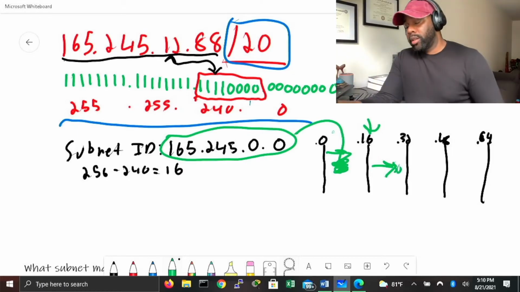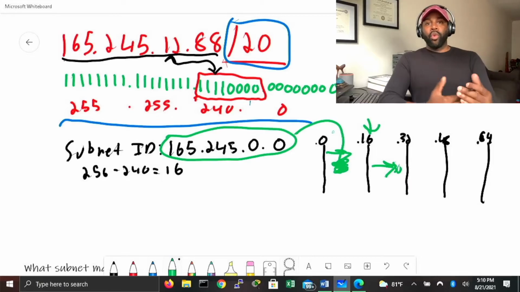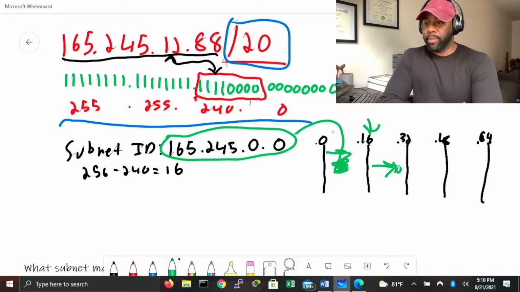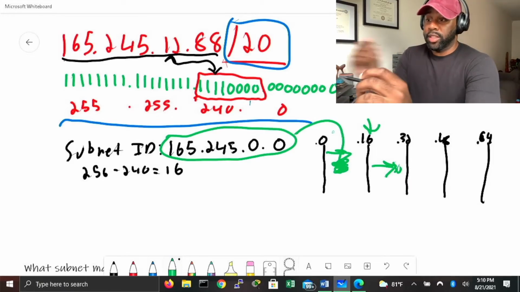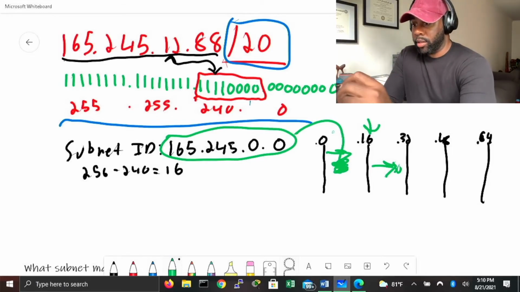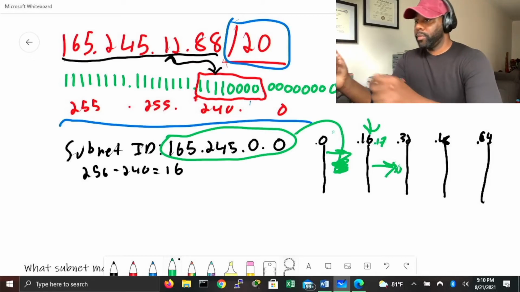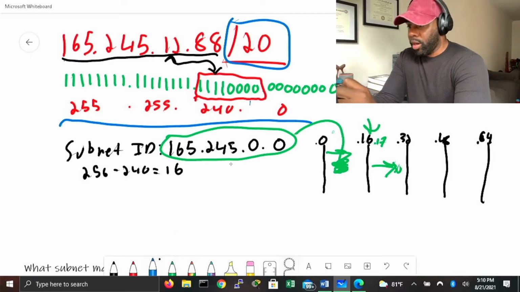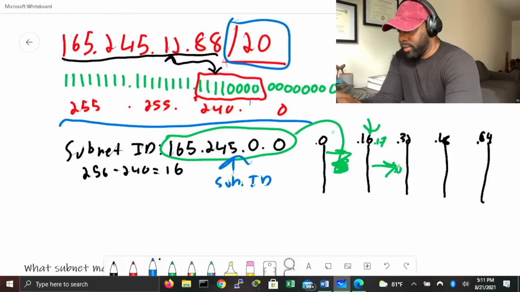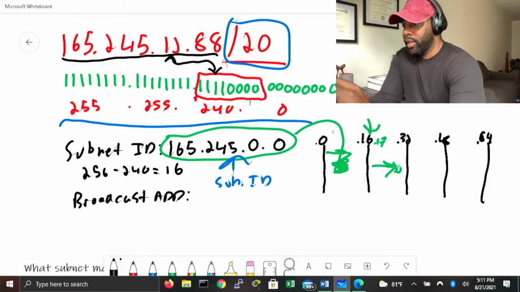As you get more advanced in subnetting, you'll know where that 30 came from. Sorry, the addresses are not from 16, it's going to be from 17 to 30. So boom, we got our subnet ID. Now we need the broadcast address. What is our broadcast address?